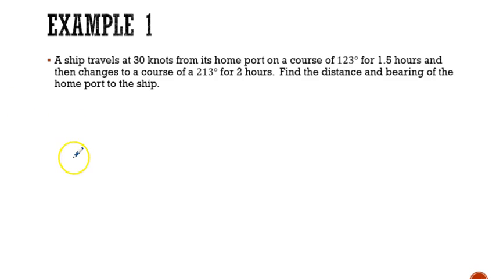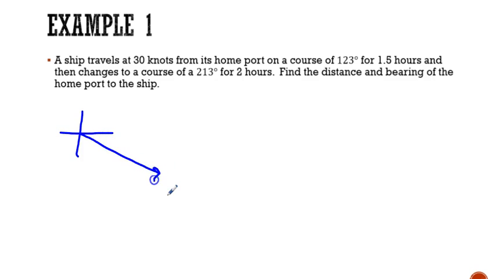So in this first example, we have a ship that's traveling. Knots is for nautical miles. It's a speed just like miles per hour, but for traveling over bodies of water. So from its home port, it's going at a course of 123 degrees. Now remember, from our starting point, we're starting from north and we're measuring clockwise, so that would be 90, and then a little bit farther would be 123 degrees.